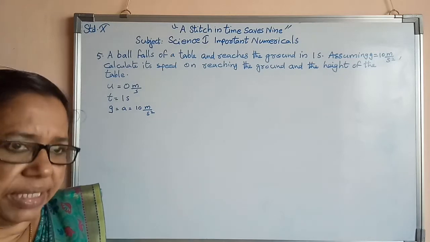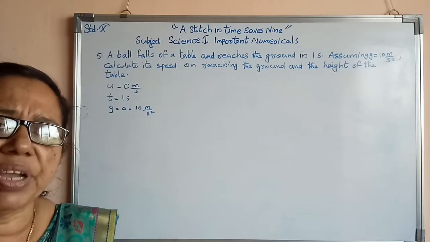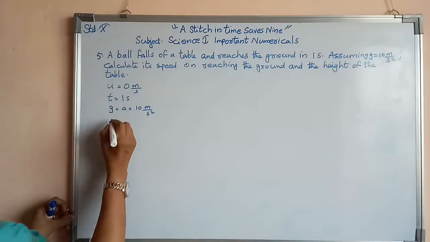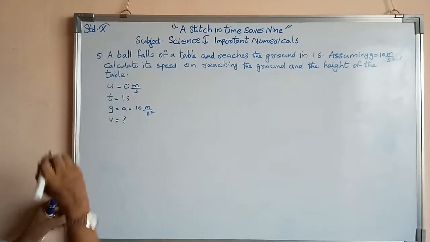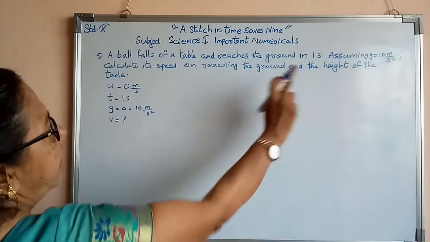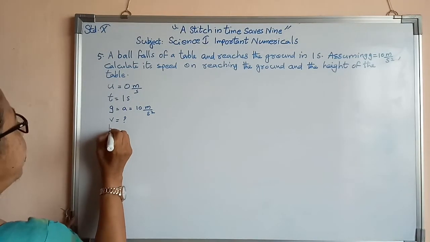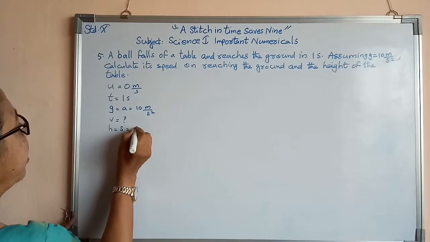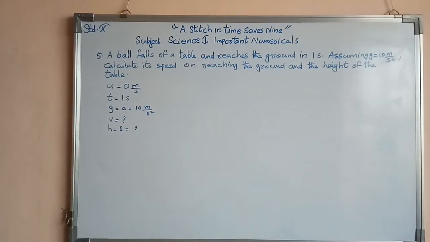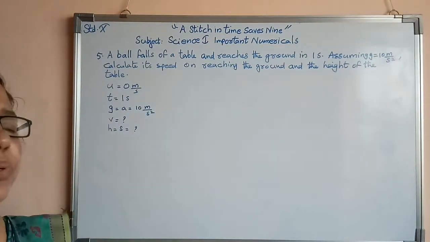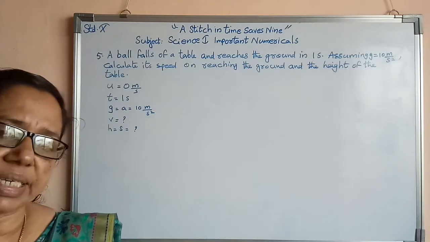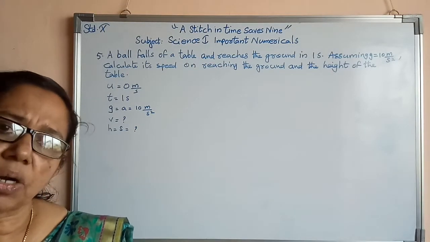Now the final velocity of the ball we have to find out. That is v equal to question mark. And the height of the table h, that is equal to s, that we have to find out. So in this question, two things we have to find out. First, the final velocity. Second, the height of the object.